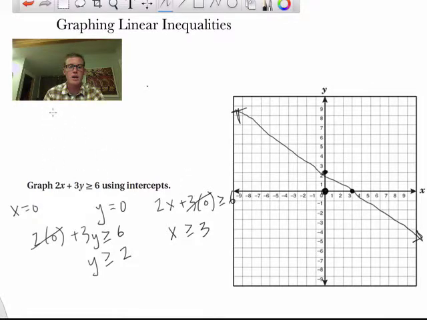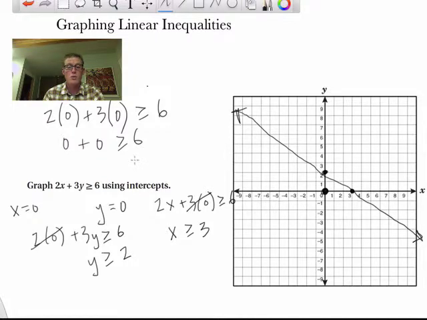I'm going to say 2 times 0 plus 3 times 0 is greater than or equal to 6. Well, this is 0 plus 0 is greater than or equal to 6. And that's just not true.